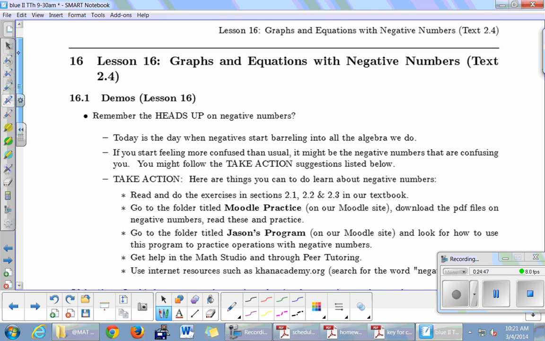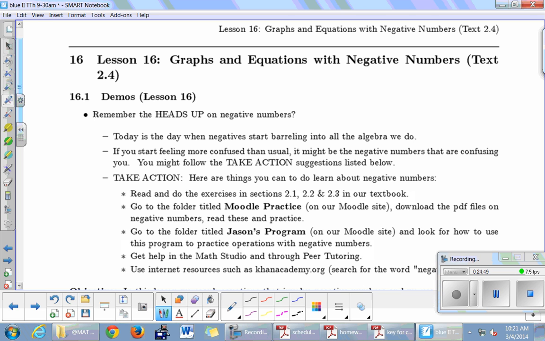Okay, so the first thing on page 138 is a heads up. I'm going to remind you of something we said about a month ago: we have done our best to keep negative numbers out of the algebra, and we've been holding off for about a month, doing lots of algebra with only positive numbers. Now we bring negative numbers in, and we do the same kinds of things, but negative numbers enter the picture.